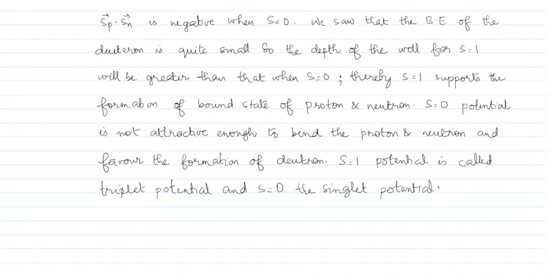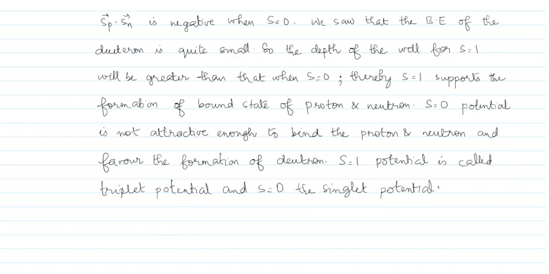So for the case when S equal to 0, which we call the singlet potential, the well is not attractive enough to hold the proton and neutron together as a bound system. Whereas when the potential is S equal to 1, or triplet potential, the formation of deuteron is favored because the depth of the well is sufficient to hold the proton and neutron together as a single system.